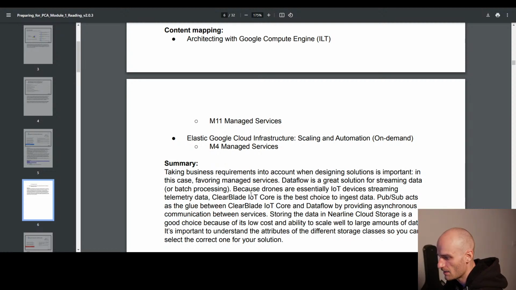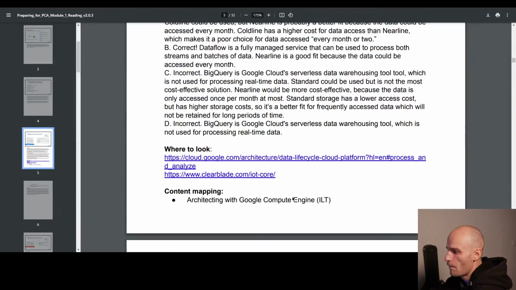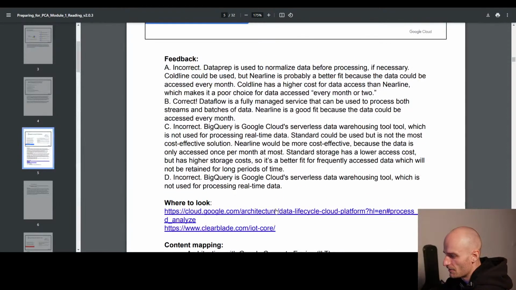Pub/Sub acts as the glue between ClearBlade IoT Core and Dataflow by providing asynchronous communication between services. Storing the data in Nearline Cloud Storage is a good choice because of its low cost and the ability to scale well to large amounts of data. It's important to understand the attributes of different storage classes so you can select the correct one for your solution. Yeah, so there's a lot to study just from this first question.